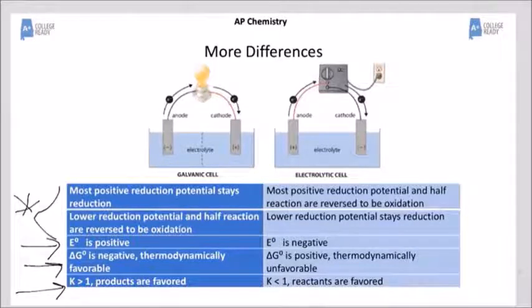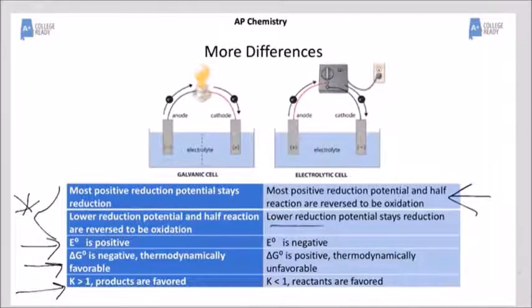Now, this is where it gets very different, okay? You really have to focus on what kind of cell you have. Mostly you're going to be looking at galvanic cells. Occasionally you'll see an electrolytic cell. These are opposites, so if you think about them being opposites, that might be helpful. For an electrolytic cell, notice it says the most positive reduction potential half reaction is the one reversed. So again, hugely different. It's the complete opposite of what we're doing with a galvanic cell.